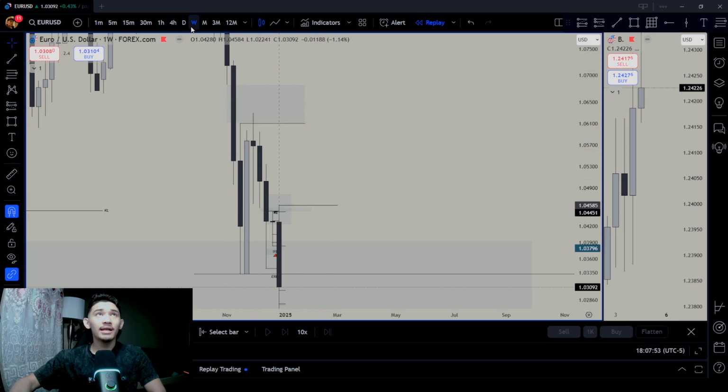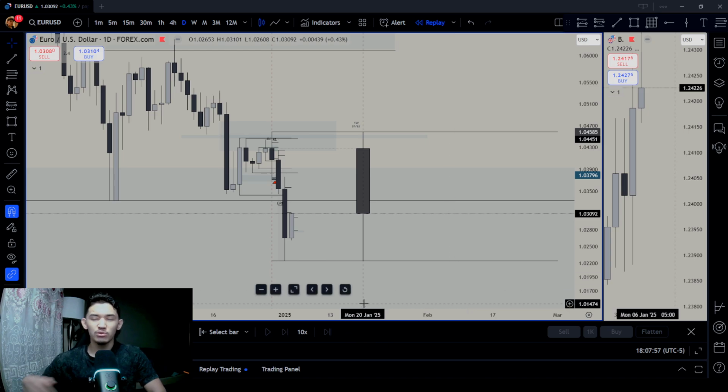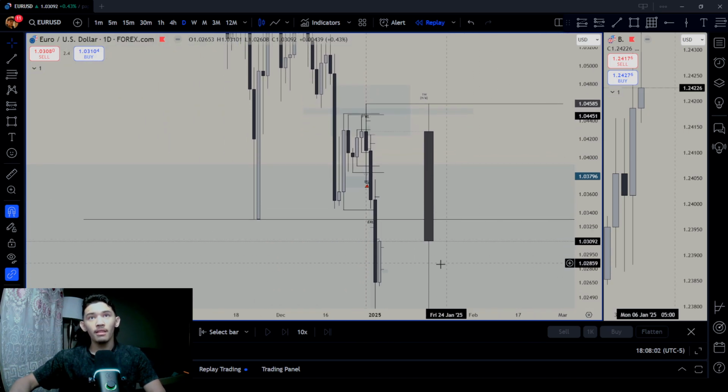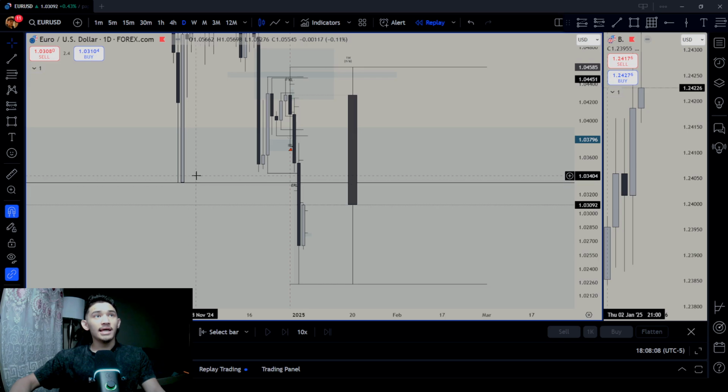Before we get too ahead, let's talk about the daily, right? Because we're not there yet, right? I don't have enough data, so this is why I'm doing this every week, right? To give updates. And on the daily, how are we going to meet the short-term liquidity is very simple. You can see on the daily time frame what the market did, it tapped the weekly ERL as well as the daily ERL, right? After this daily ERL, what's the next goal, right? Back to IRL, right?